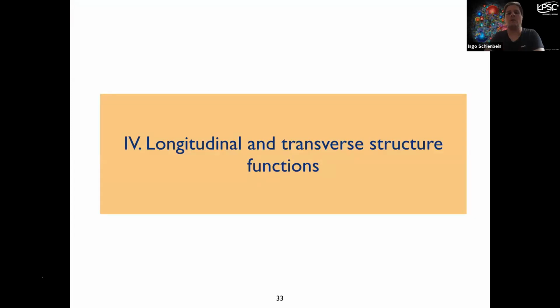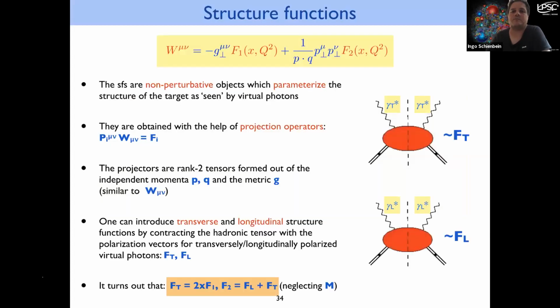Okay, now let us return to what it actually means when we talk about longitudinal and transverse structure functions. As I said, our hadronic tensor in the upper yellow box is given by some part with F1 plus another tensor structure with the structure function F2.